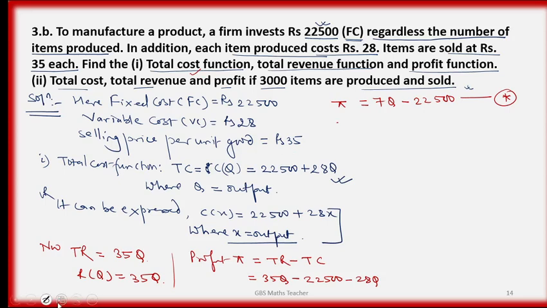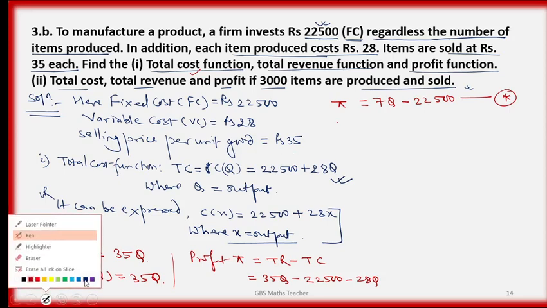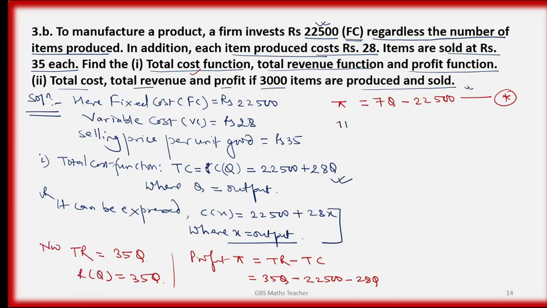And moving to the second part, dear students, what is in the second part? Total cost. Here the produced items equal 3,000.